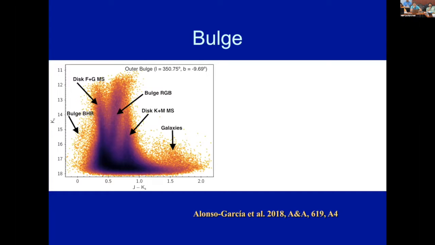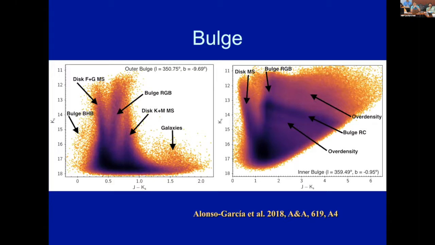You can also see in here some of the blue horizontal branch stars from the bulge, and you can even detect, just in here, some of the background galaxies in the very red part of the color magnitude diagram. Of course, when you try to go to lower latitudes, extinction starts to kick in badly, and it's more complicated to see some of these sequences, or even impossible.